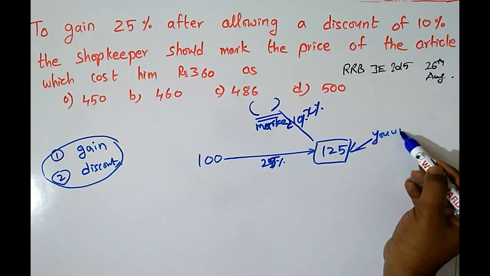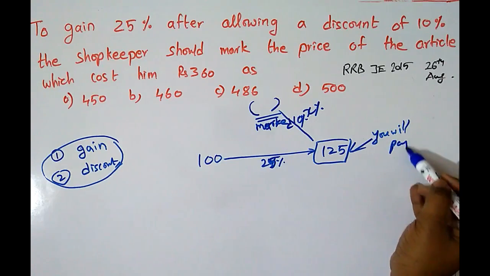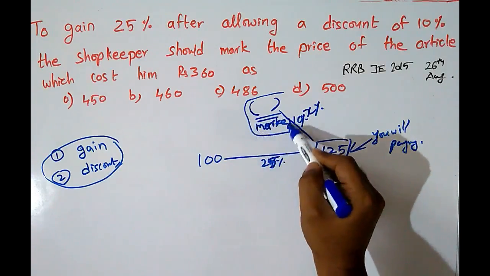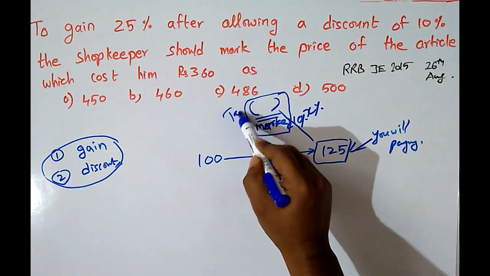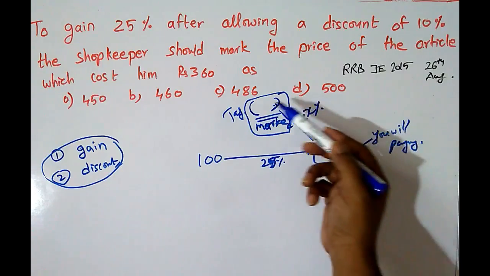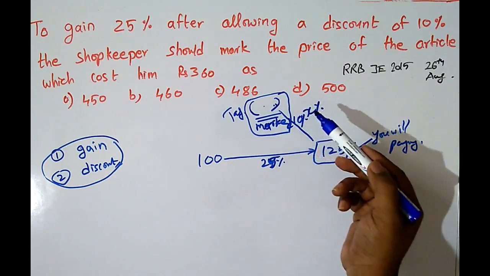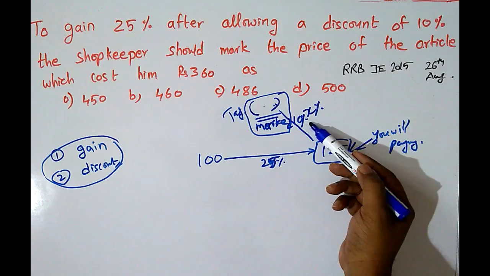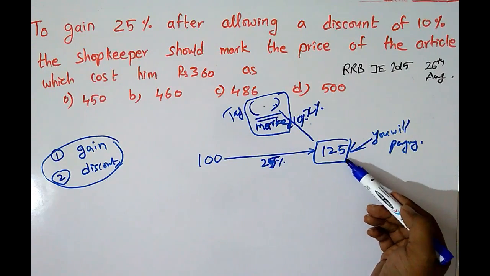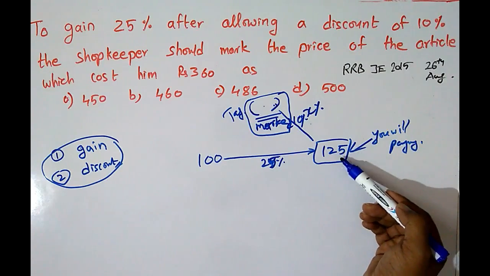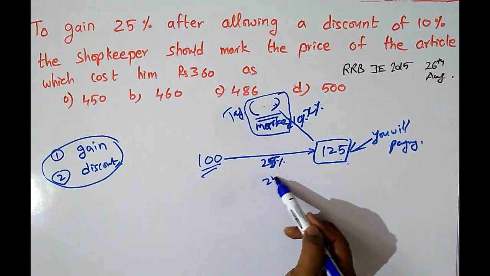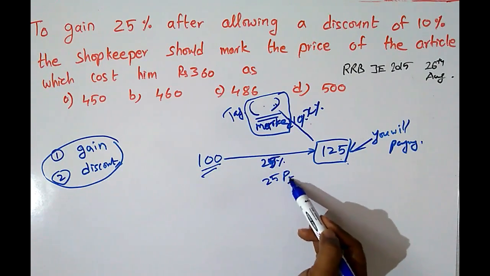But you will see the price tag or market price is something different, friends. From this price, if you are given a 10% discount, then you will pay some amount to him. From this amount he will get the cost price of 100 rupees and also the profit of 25 rupees.